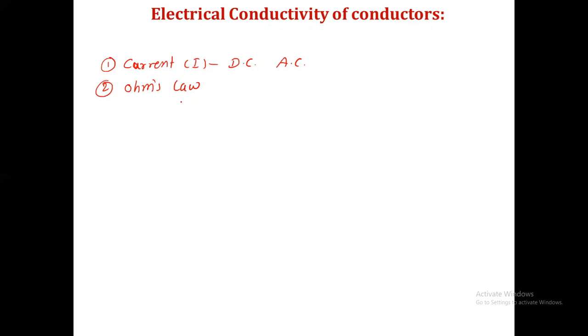As we know, Ohm's law gives the relationship between three parameters. Which are these three parameters? Potential difference, electric current, and resistance. And here we got the definition, V is equal to I into R. I can also write V divided by I is equal to R. I can also write V divided by I is equal to constant.